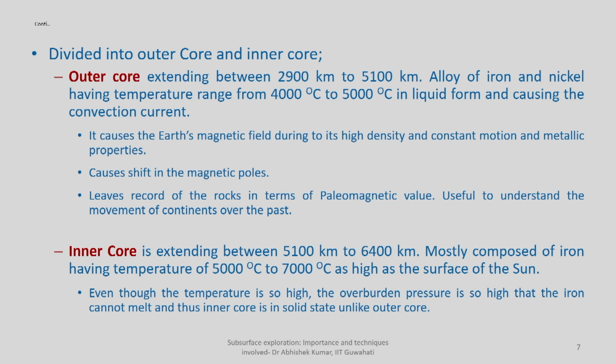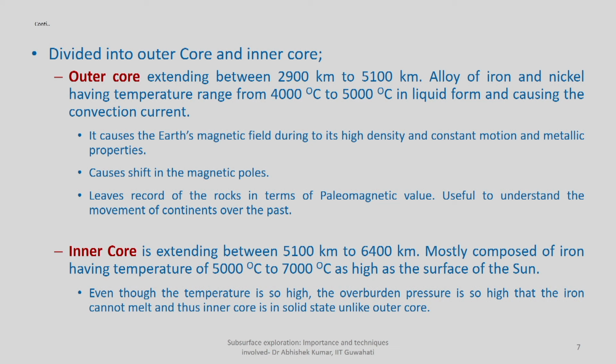Now, the core itself is further divided into two parts. One is called the outer core, another is called the inner core. The outer core, which extends between 2900 kilometer depth and 5100 kilometer depth, is an alloy of iron and nickel with temperature ranging from 4000 to 5000 degree centigrade, in liquid form, and which is again causing some kind of convection current.